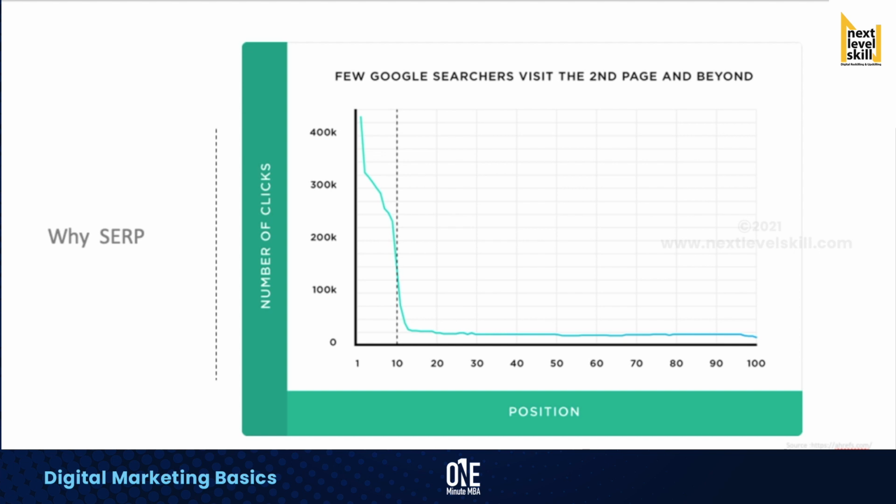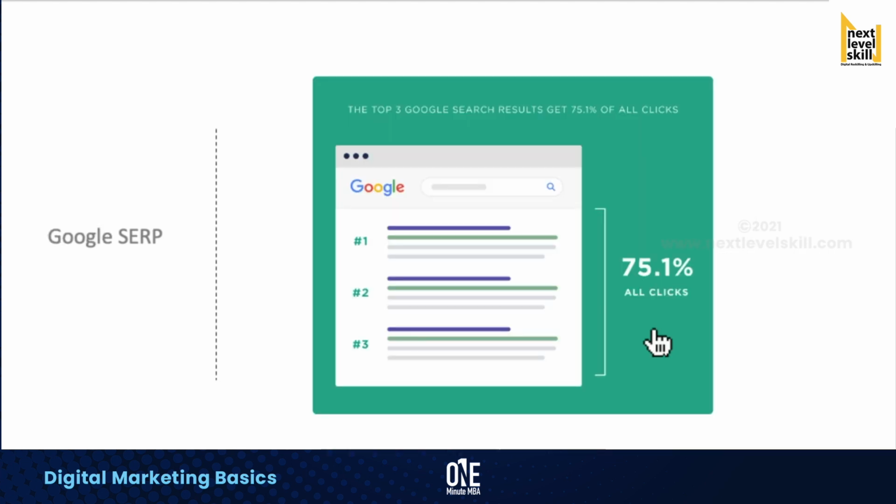But ranking on the first page doesn't always equate to a lot of traffic, for a few reasons. First, most organic clicks go to the top few positions. You can see 75.1% of all clicks go to the first 3 positions. That's why I said that coming on the first page doesn't mean you will get more traffic.